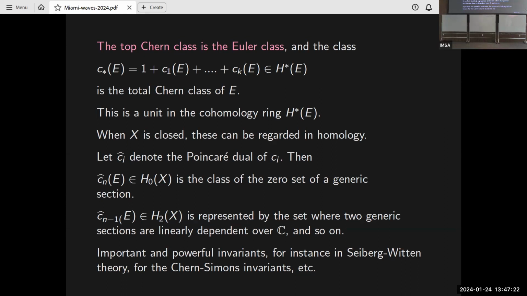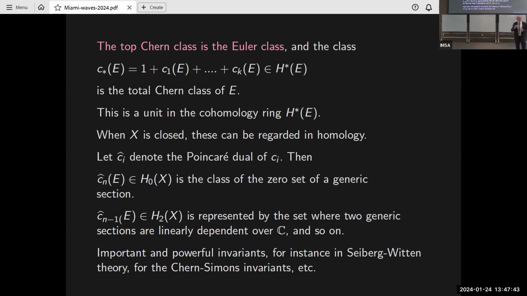That gives a homology class, which is the dual of the Chern class. The next one, you take two generic sections, and you look at the points where they become linearly dependent, and so on.